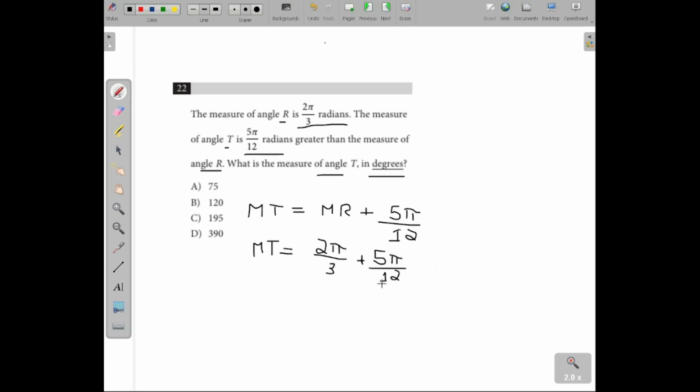Now we need to find the common denominator, so we can use the trick of multiplying by 4 divided by 4. This is equal to 1, so it doesn't change this fraction. And we will obtain 12 as the denominator. So 4 times 3 is 12. 4 times 2 is 8.